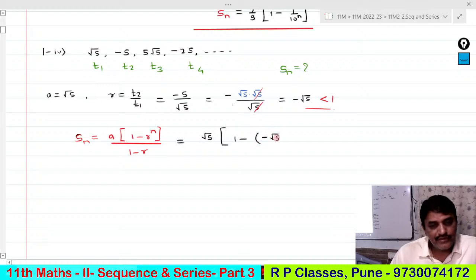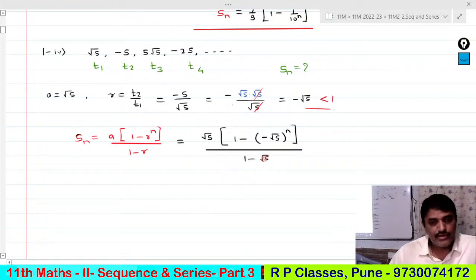Minus root 5 raised to N, whole thing divided by 1 minus minus root 5. Is this okay? Now what remains? We have to write 1 minus minus root 5.